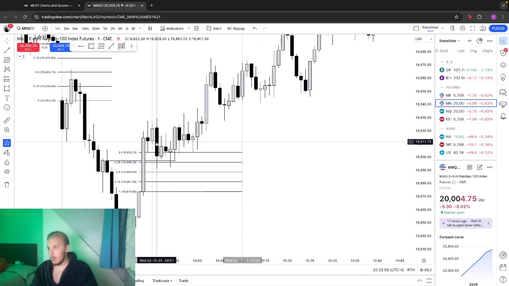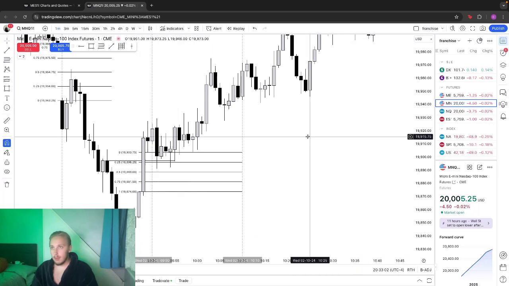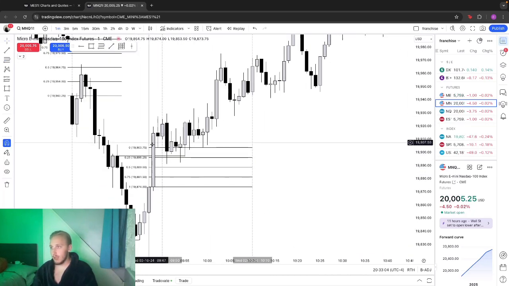You can see we come down, tap into this bullish fair value gap. We've obviously inversed all of these. However, because we've got the CSD, because we've got the breaker, I'd feel pretty comfortable buying this gap.